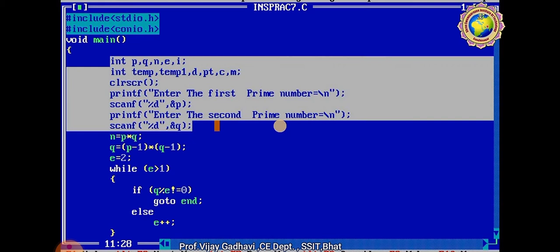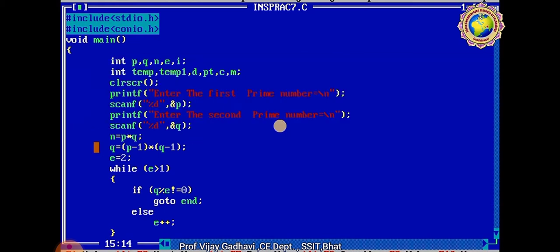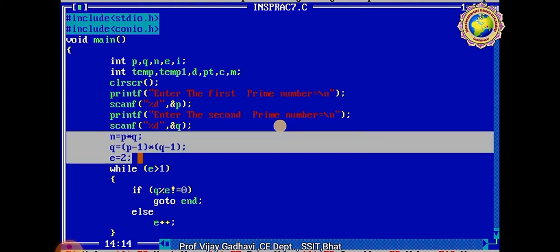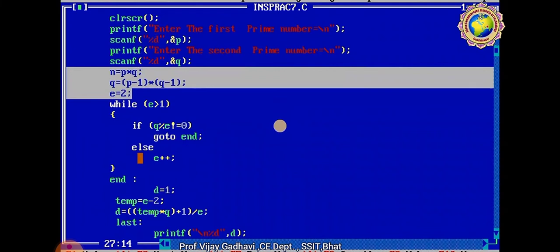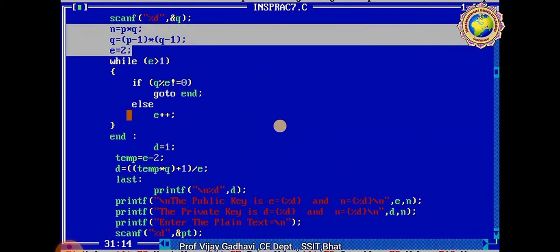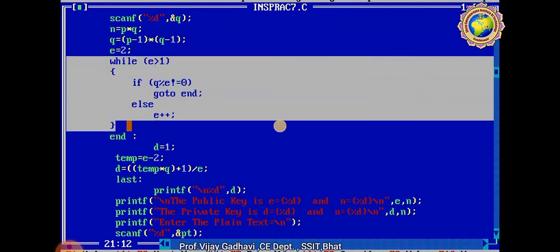This means solve for d the equation d multiplied by e is equal to 1 mod phi(n). d can be computed efficiently by using the extended Euclidean algorithm, since e and phi(n) are co-prime and the equation is a form of Bezout's identity, where d is one of the coefficients.